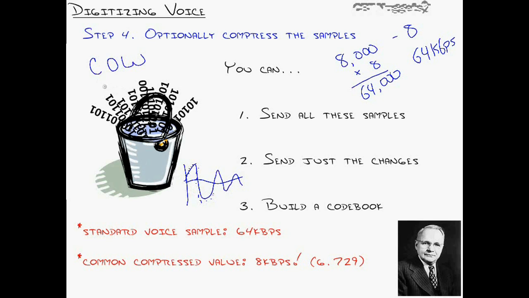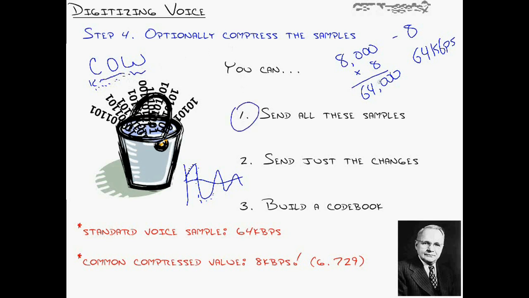So if I were to sample that 8,000 times, the chances are most of those 8,000 samples are going to be almost exactly the same. You have the initial sound, and then it goes ah for a while, and then I go ooh to get the W at the very end. They sound almost exactly the same if you were to split those into 8,000 individual sounds. So you can optionally compress the samples to consume less bandwidth. So here's what you can do.